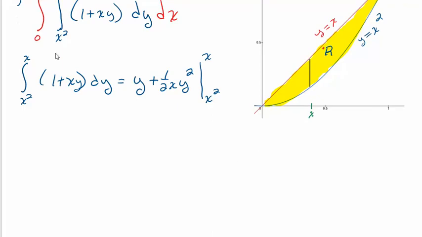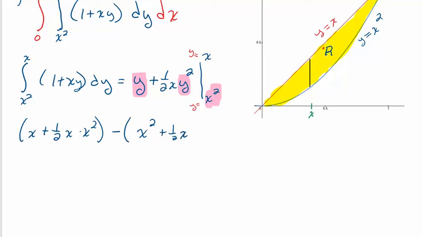The first thing we're going to do is remind ourselves that we integrated with respect to y, so these are y bounds, which means we take x and plug it in for y, and then take x squared and plug it in for y. If I take x and plug it in for y, I get x plus 1/2 x times x squared, minus, now I'm going to take x squared and plug that in for y. That gives me x squared plus 1/2 x times the quantity x squared, squared.